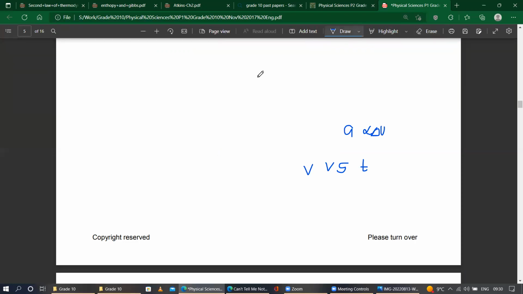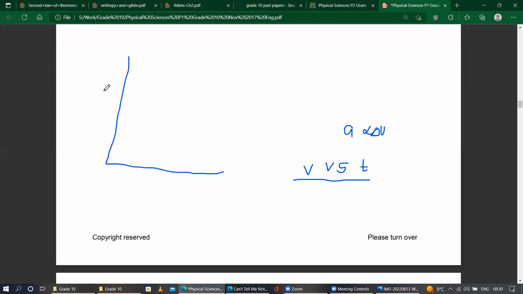So if we're going to look for a velocity versus time graph, let's just draw this real quick. Velocity, time. The velocity versus time graph for an accelerating car.